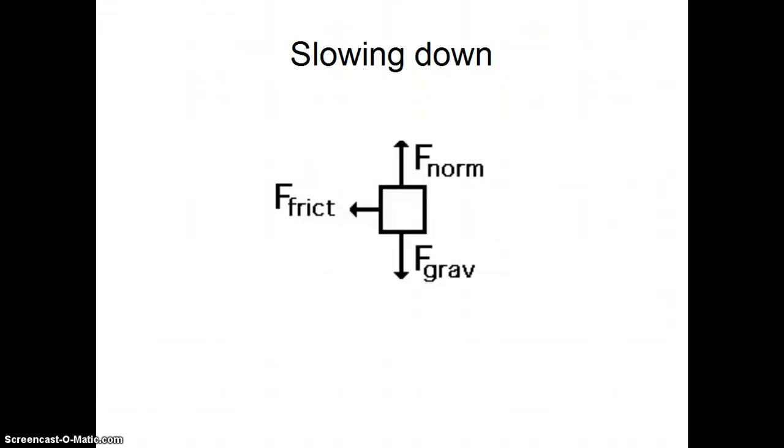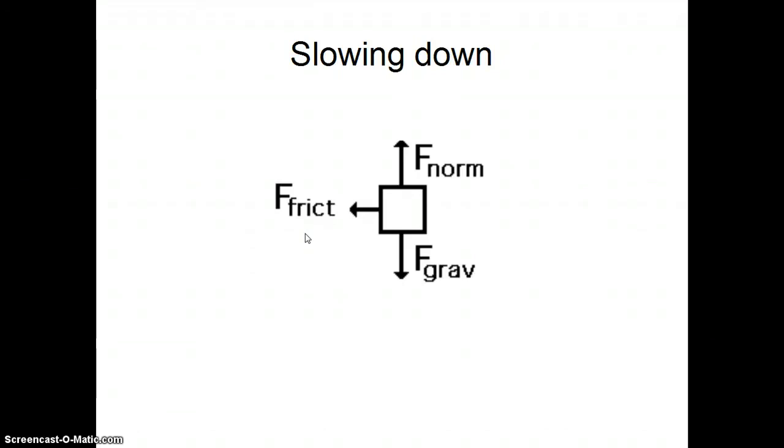I think the easiest way to do this one is to just let friction slow the object down. Again, if you know the mass of this block, and I'm assuming it's sliding along the ground, and you could determine the acceleration of the object by measuring a distance and a time, and the only force acting on the object is the force of friction, then the frictional force becomes the net force.